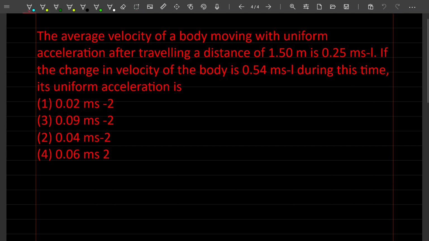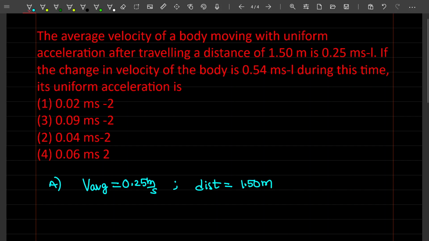If I take the given data, first, the distance travelled is 1.5 meter and average velocity is given 0.25 meter per second. So average velocity is equal to 0.25 meter per second and distance is equal to 1.50 meter.